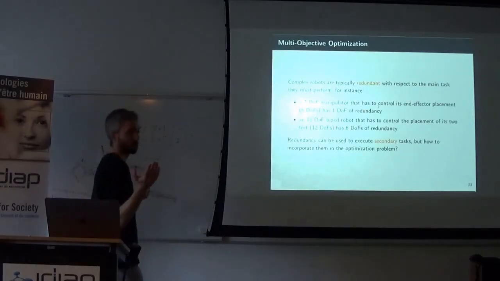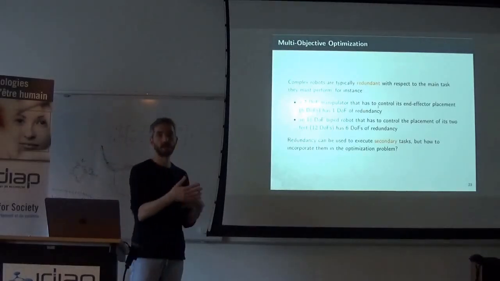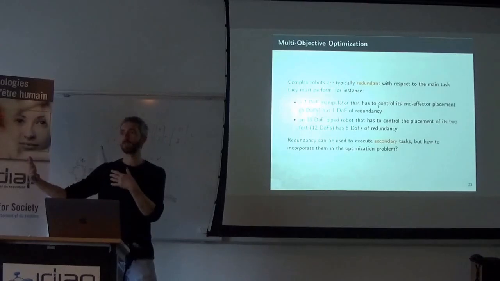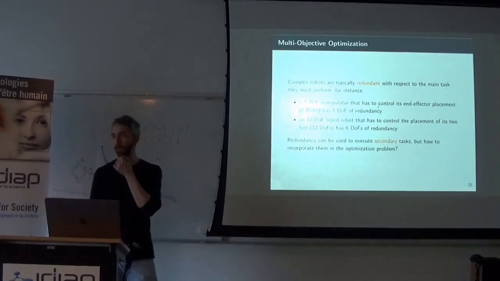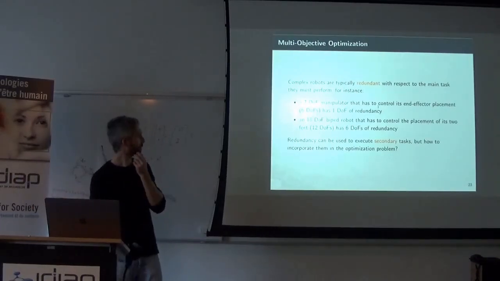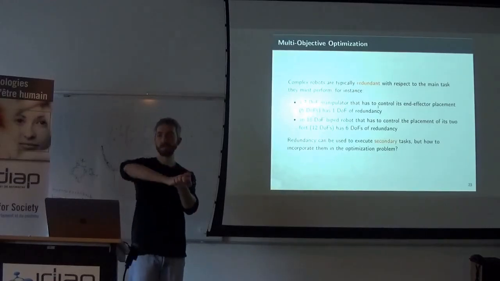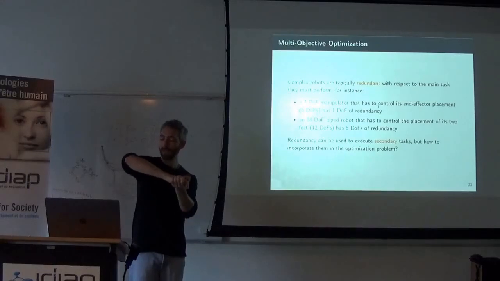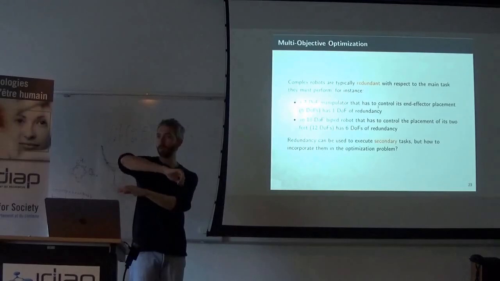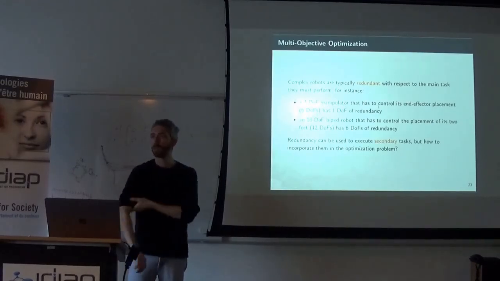Well, it's actually cool to have extra degrees of freedom, because you can account for secondary tasks that you would like your robot to perform. So in the case of the manipulator, maybe you want to keep the elbow as high as possible, because there is an obstacle and you don't want your robot to risk hitting the obstacle.